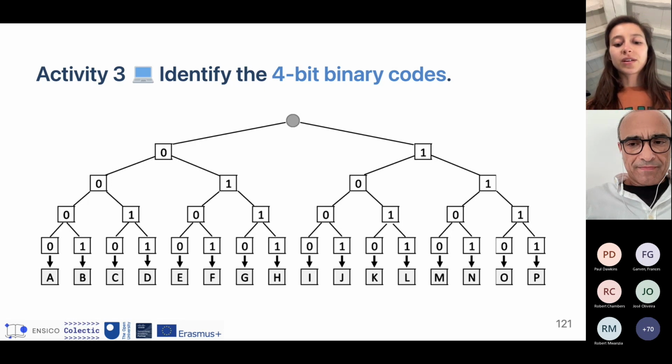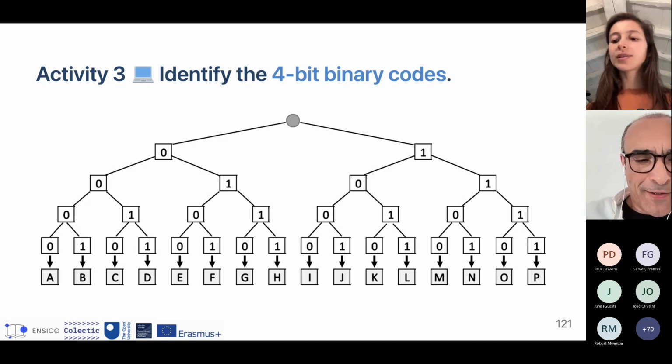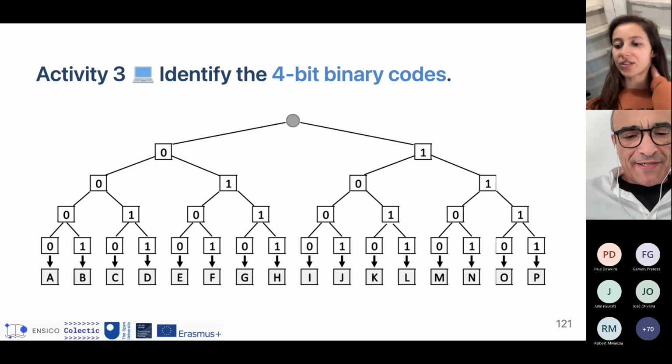Then you should answer what is the 4-bit binary code associated with letter F. And last but not least, the 4-bit binary code associated with letter P. So you have 3 questions once again.